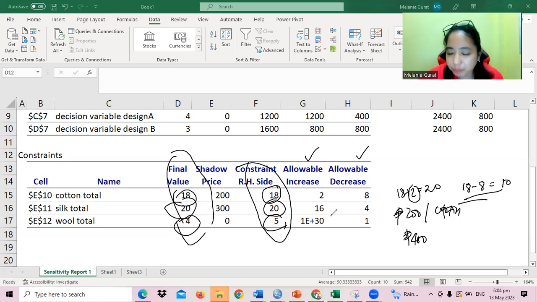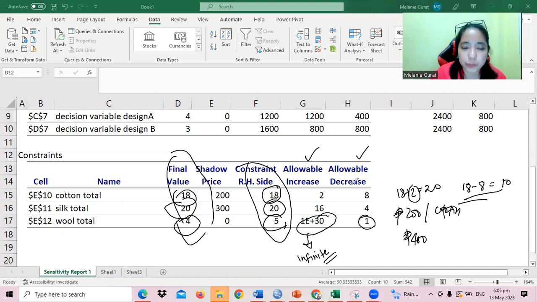Now we have here 1E plus 30. It means that we can increase our wool as many as we want, and it will not affect the profit. The same with our allowable decrease. There is only one allowable decrease, so we can only decrease it by 1, and the shadow price, or rather the profit, will not be affected because it is of course 0 shadow price.